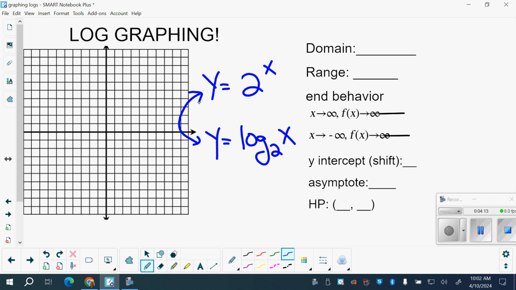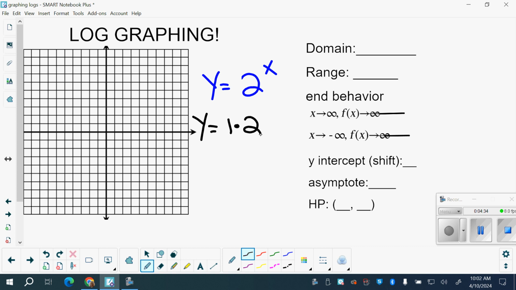I would like everyone, we're going to start with this guy. Let's graph this guy. Are you ready? That is the basic problem from two nights ago. Let's talk about him. He's nice and easy. He's not scary. Here's what I want you to graph. Let's rewrite him as y equals 1 times 2 to the x plus 0.